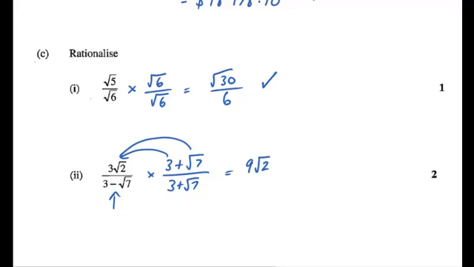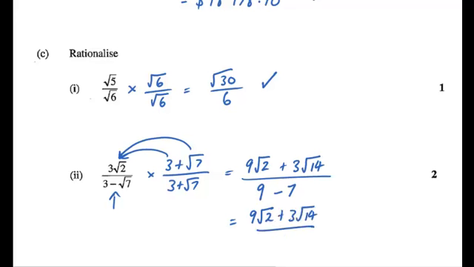Root 7 times 3 root 2 gives me 3 root 14. On the bottom, 3 times 3 is 9. Negative root 7 times positive root 7 is negative 7. Then just simplify the denominator, so 9 root 2 plus 3 root 14 on 2. That was the final answer.